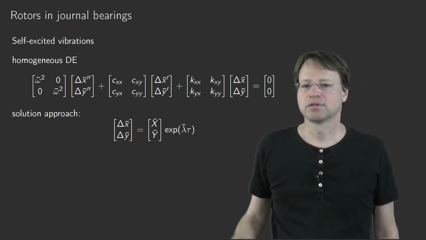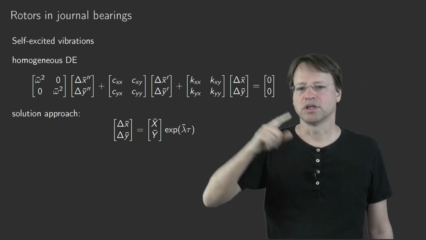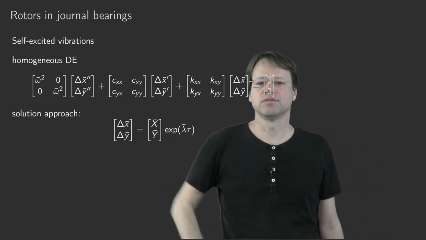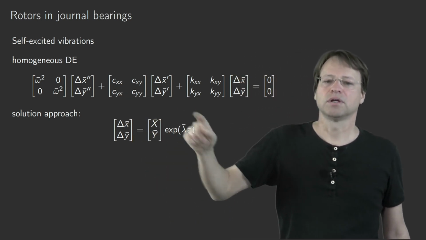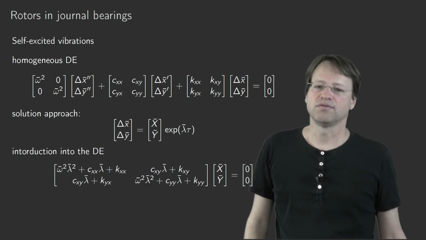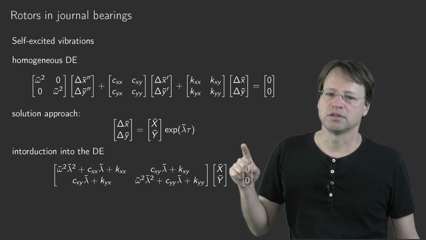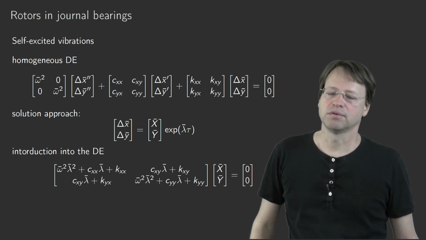Let's follow these steps. So we introduce the solution into the ordinary differential equation. For this we have to take twice the derivative here. Here we take once the derivative, and we arrive at the following equation. Let's just summarize the terms here. Right-hand side is equal to 0.